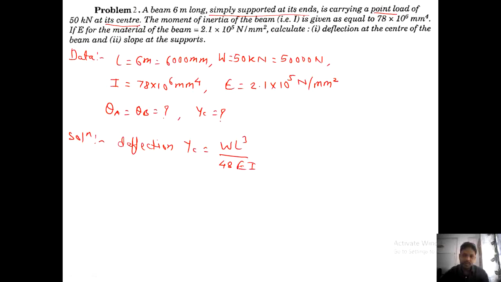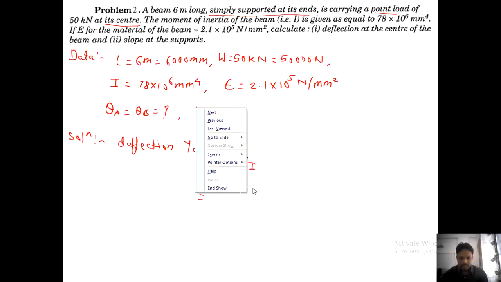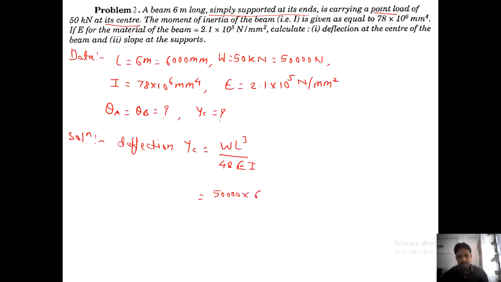Very simple numerical. Formula is given, only values to be submitted here, and you will get the answer. So W is 50,000, L is 6,000.